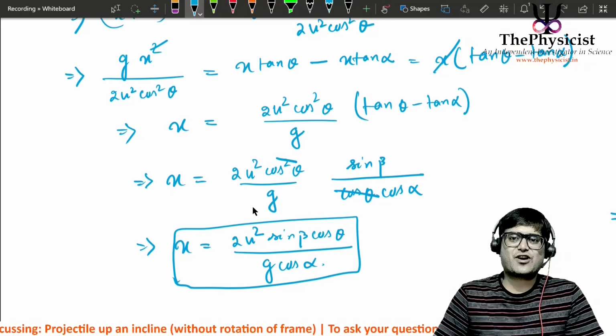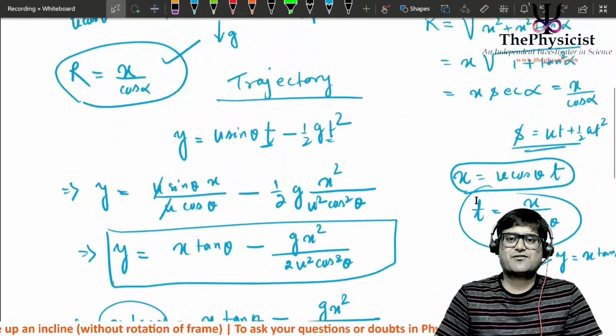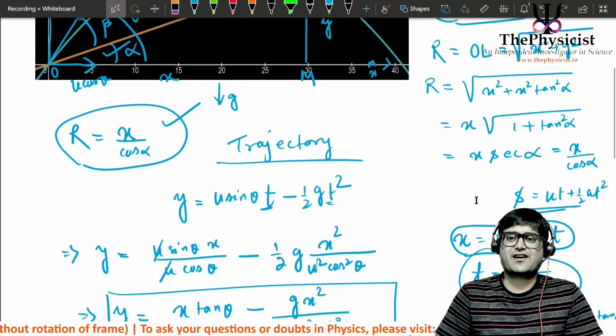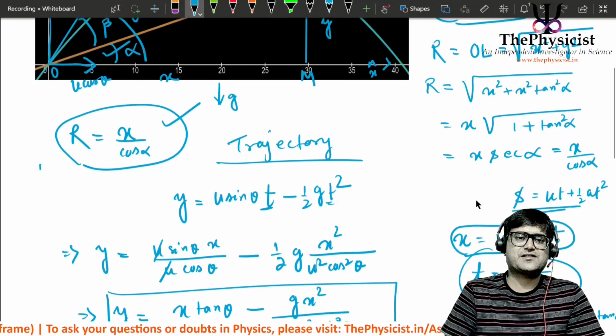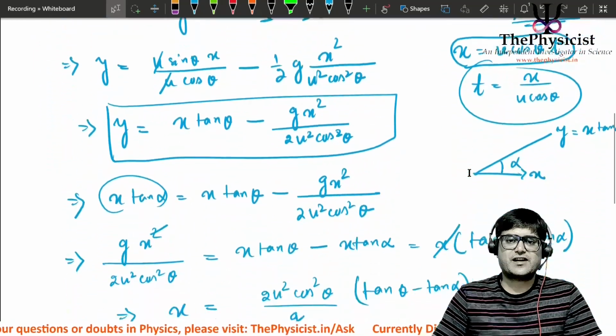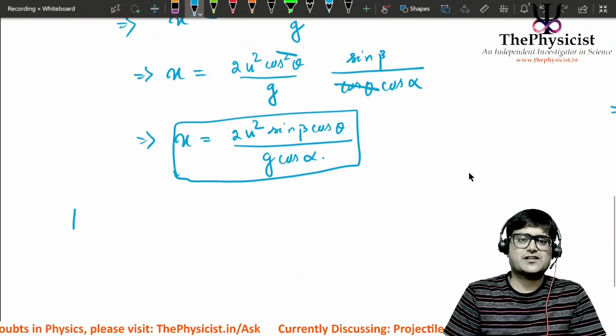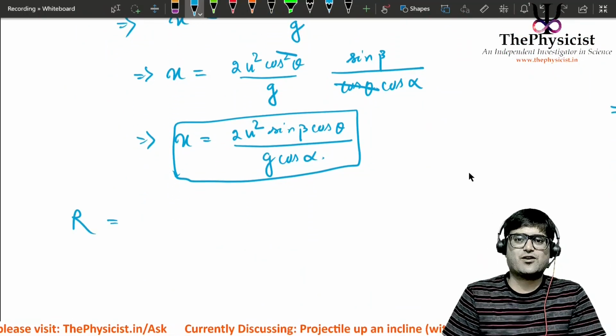But since we already have the value of x, can we not find the value of L, which is the range? We have found the range is x by cos alpha, right? So range from here, we can say that range is going to be x by cos alpha.